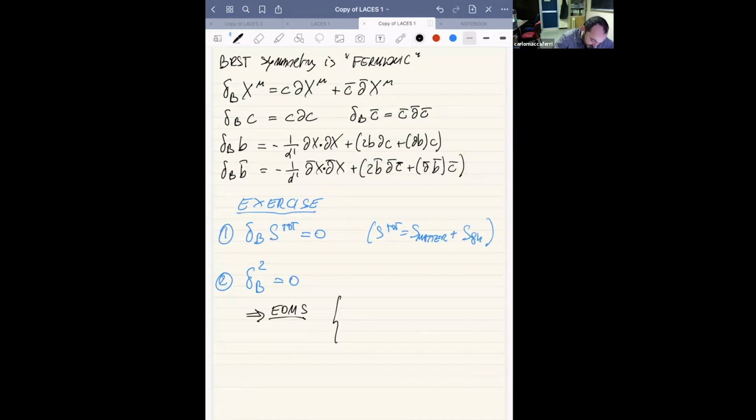The EOM for X is ∂∂̄X^μ equal to 0. Then there are EOMs for C and C̄, respectively ∂̄C equal to ∂C̄ equal to 0, and ∂̄B equal to ∂B̄ equal to 0. You have to use them.